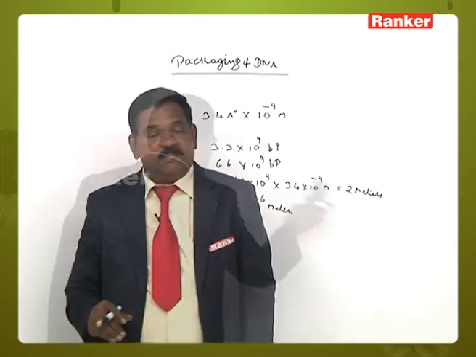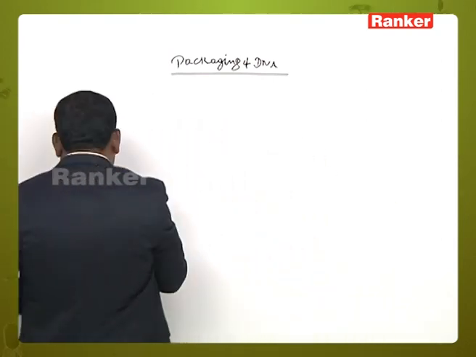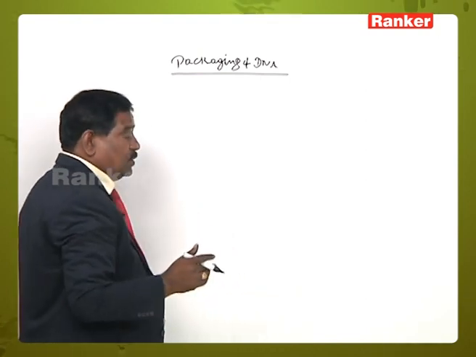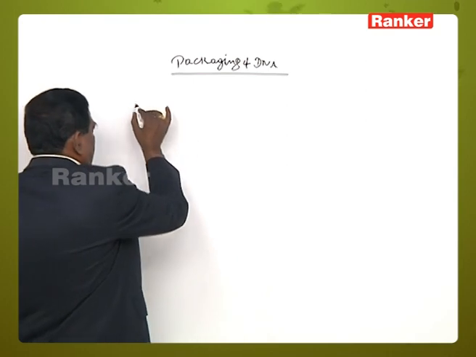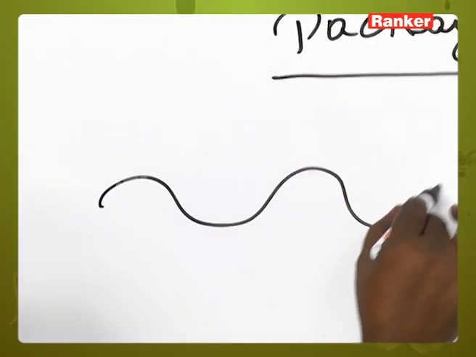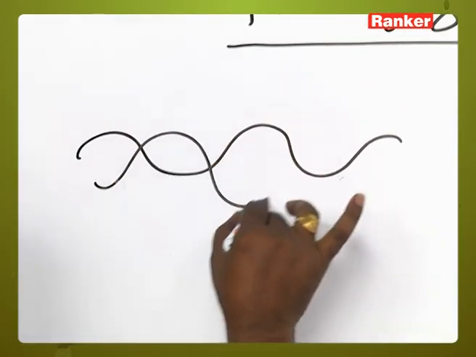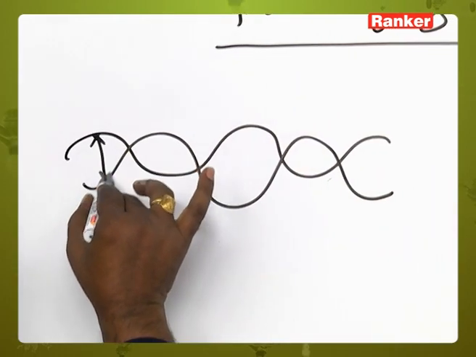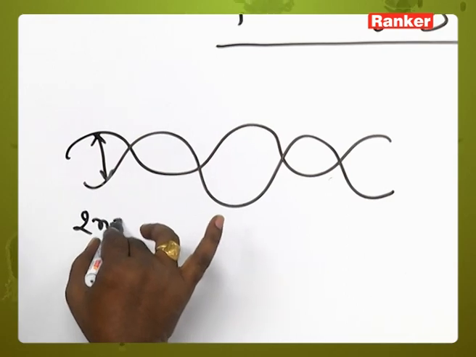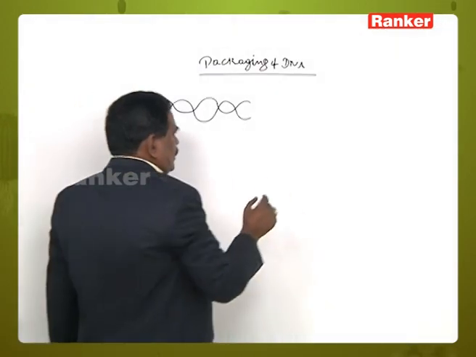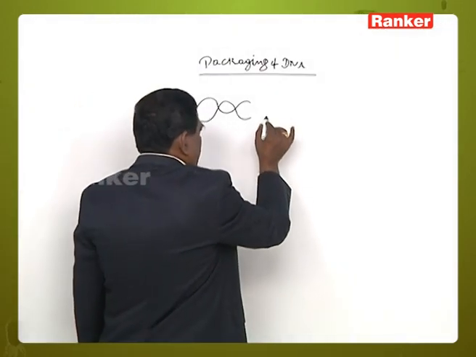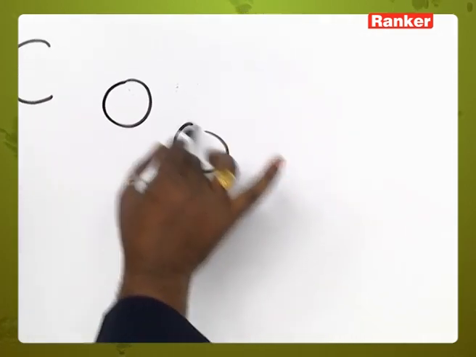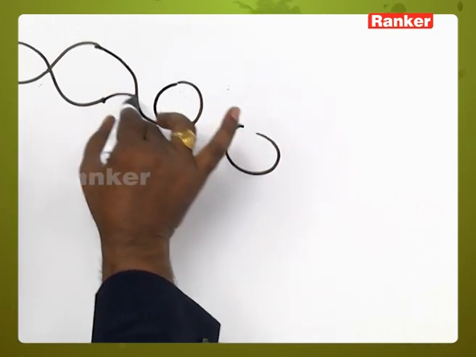Now come to this one. Already we know the diameter of DNA is 20 angstroms or 2 nanometers. So, diameter is 2 nanometers. Now, this DNA is present around nucleosomes.